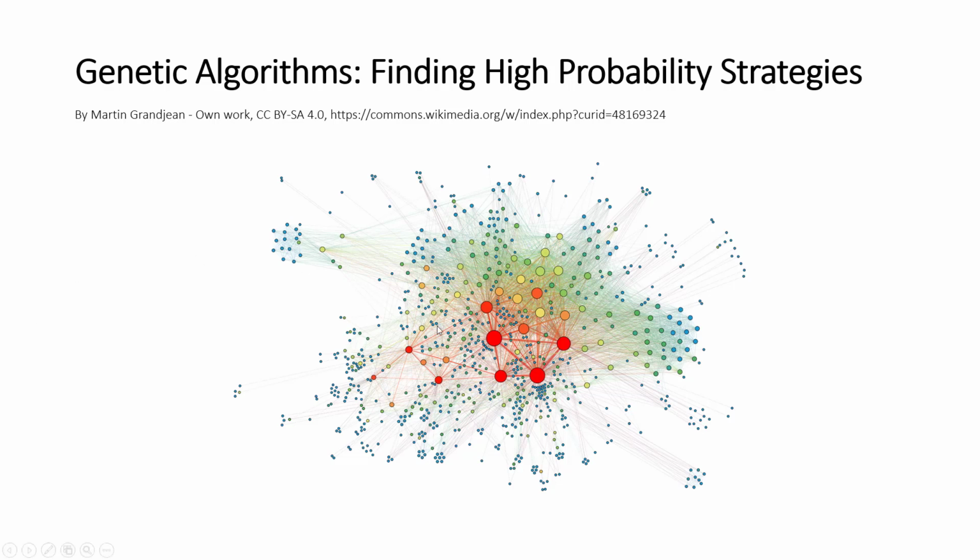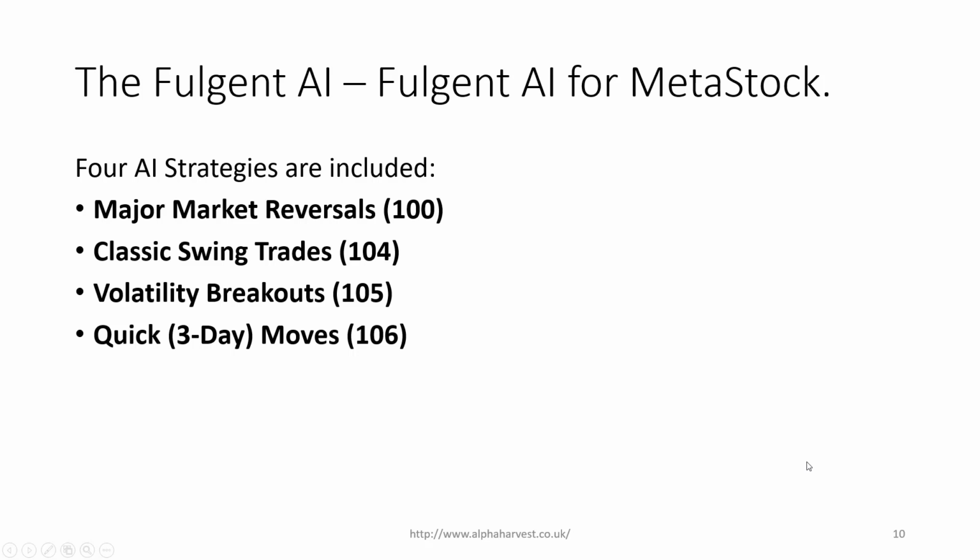So that's how this AI comes up with a few very good high probability trades from an AI trading perspective, using all available indicators and cross-market relationships and all available settings. You can see how many times it eliminates non-performing trading strategies. And that brings us back with these four strategies, and we can apply them on the Forex market to see, are there any good trades out there right now, and how have they performed in the past?